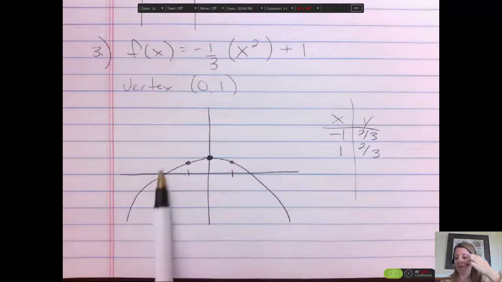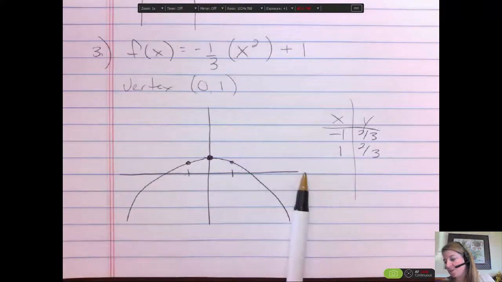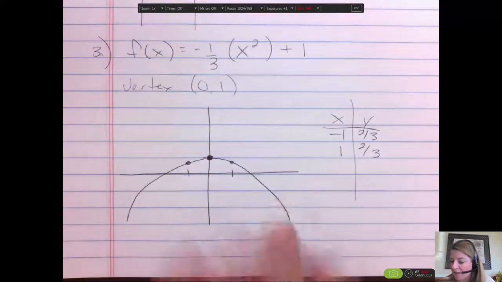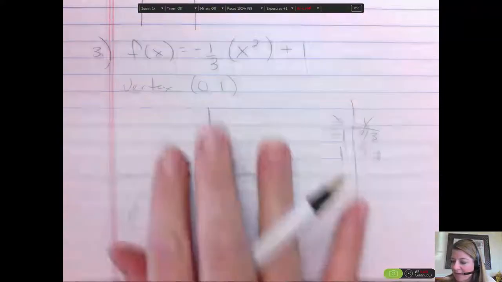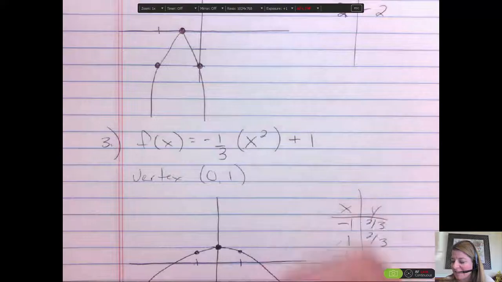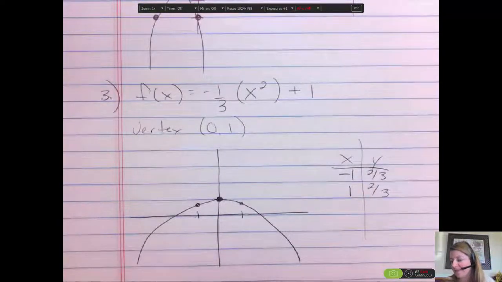Or this is a stretch or compression. I'm trying to make sure I said that word right. This one would be a stretch, and the skinnier graph would be a compression, squishing it in. But you can look at it this way too and think of it as your stretching compression.